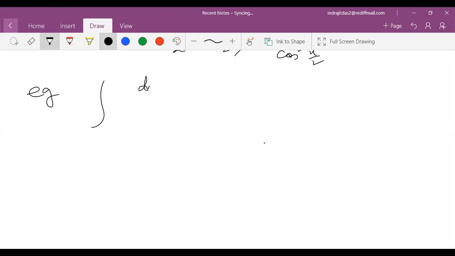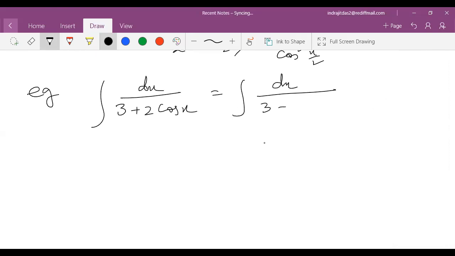I am showing one, dx by 3 plus 2 cos x. You have to integrate. Now it can be 3 plus 2 sin x, it can be 3 sin x plus 2 cos x. Same rule. What will be the rule? dx by 3 plus 2 cos x, I am writing cos x as cos square x by 2 minus sin square x by 2.